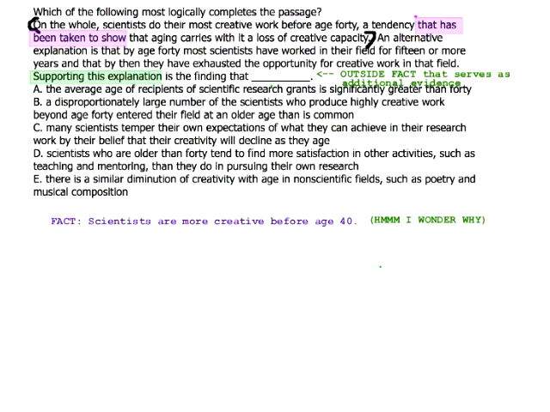So some people think that creativity basically just declines as you age.